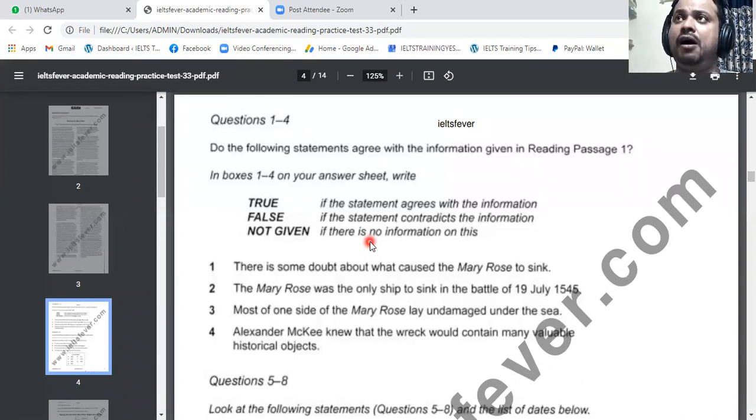And when we are not able to prove it either way, true or false, then the answer is not given. And if there is no absolute information about the particular thing, again the answer is not given. So there are different techniques for finding true, false, not given in different situations. We'll be discussing that in the coming classes.